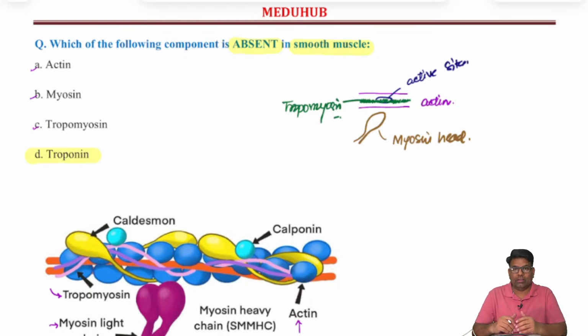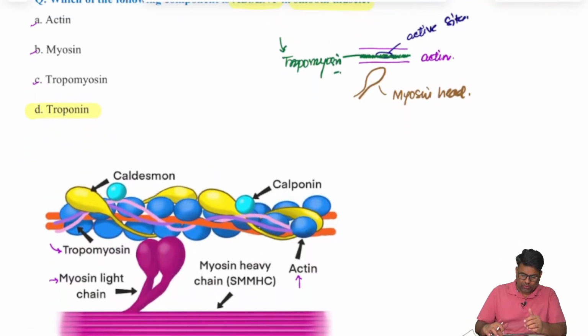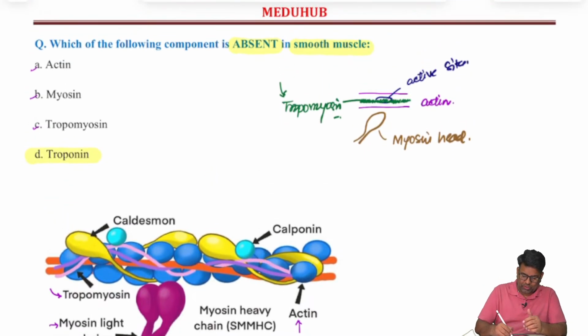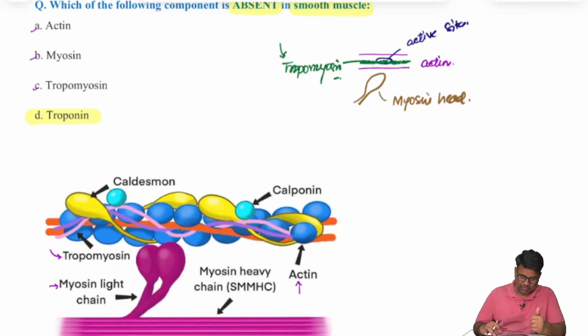So this binding of the myosin head with the active sites of the actin is prevented by tropomyosin. This is the role of tropomyosin. So troponin, which is present in skeletal muscle, is absent in smooth muscles.